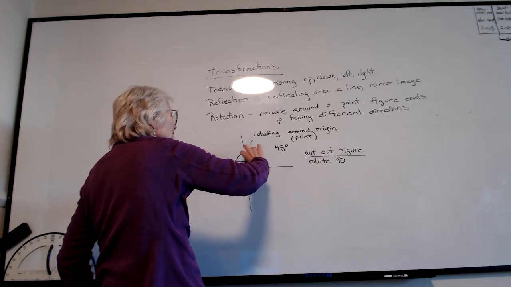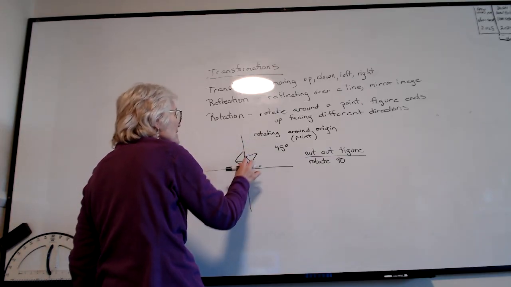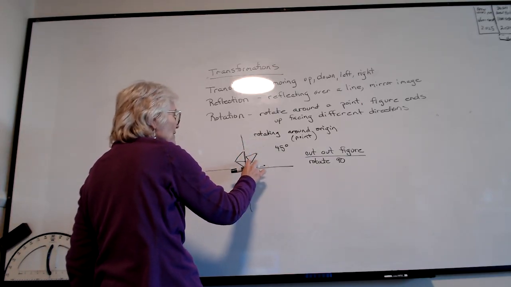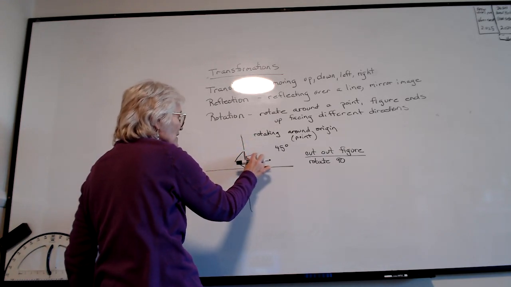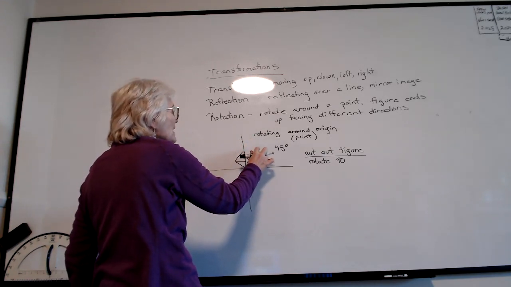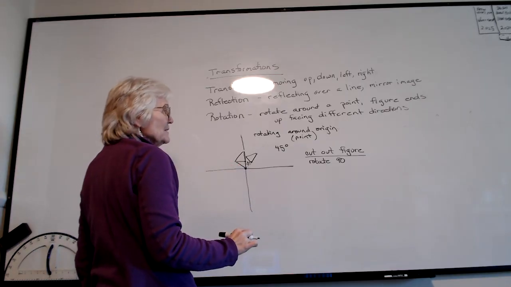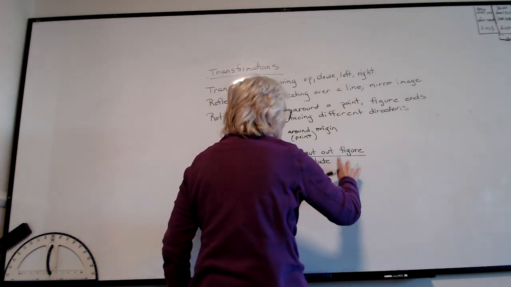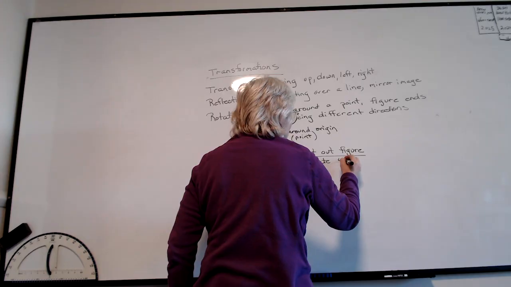If you rotate this point 45 degrees, it's going to show you where you end up. So if you take it and you rotate it 45 degrees, it will end up where it needs to be.